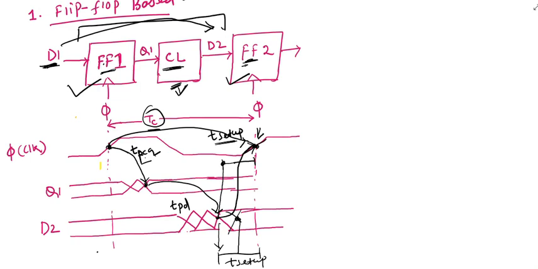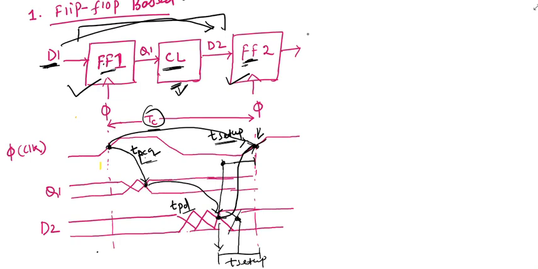Only if the setup time, propagation delay and TPCQ together fit within TC will there be no errors. That means wherever the propagation delay reaches, from there the setup time rule for flip-flop 2 must be satisfied, and then we get the correct output.